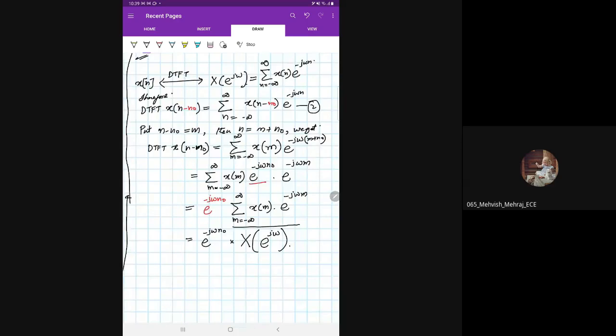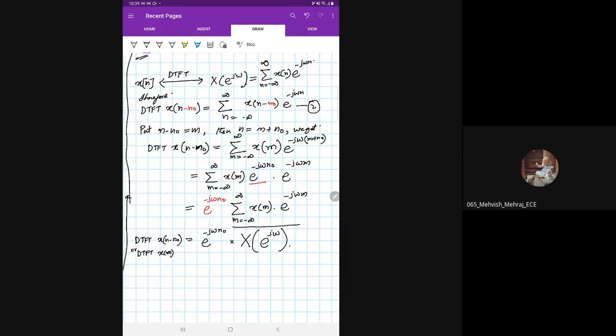This is the discrete time Fourier transform of x of n minus n naught, or discrete time Fourier transform of x of m, because m is equal to n minus n naught.